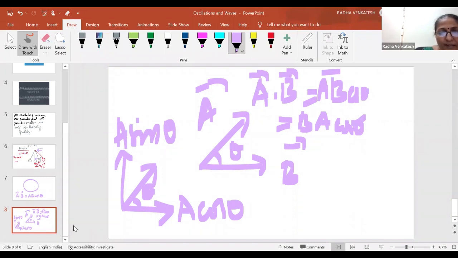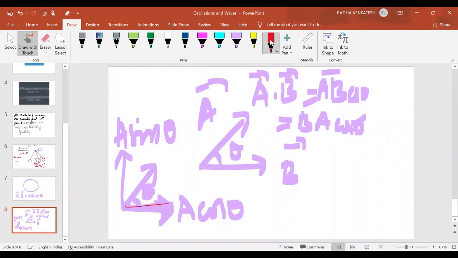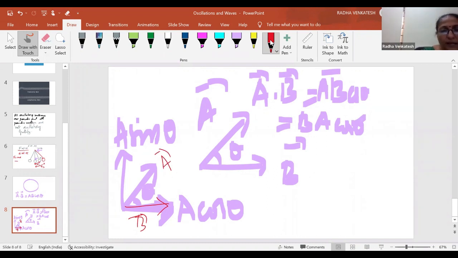If I have a B vector here, I have an A vector here, which I've resolved into A cos theta and A sin theta. Now I call this A cos theta as projection of A vector on B vector. Are we clear with this? What do we call this A cos theta? We call it as projection of A vector on B vector.